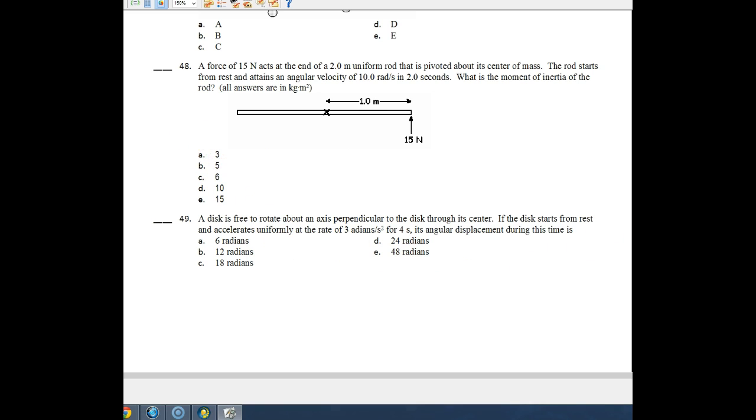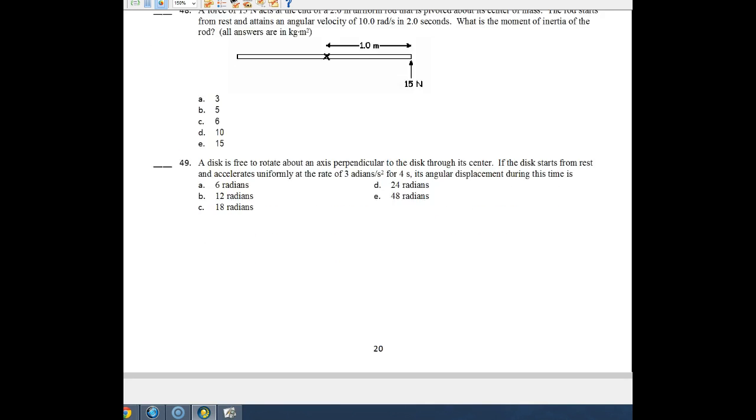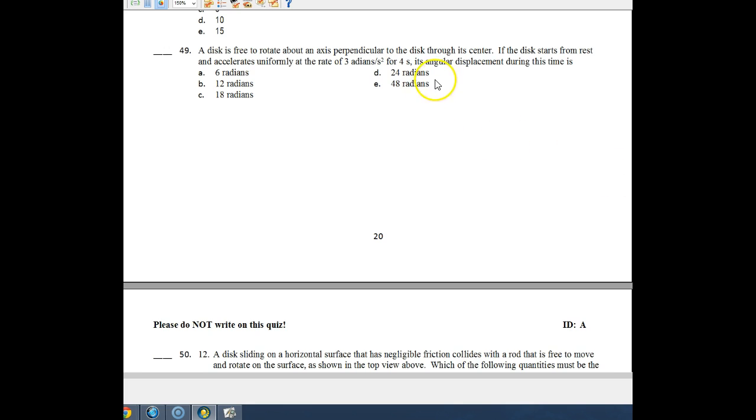For the next one, we've got a disk which is free to rotate about the perpendicular to the disk through its center. If the disk starts from rest and accelerates at 3 radians per second squared for 4 seconds, its angular displacement during this time should be equal to 24 radians.